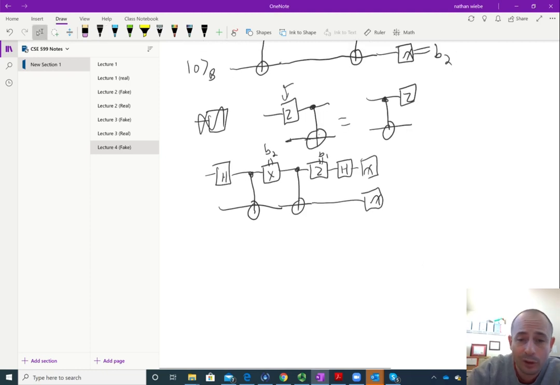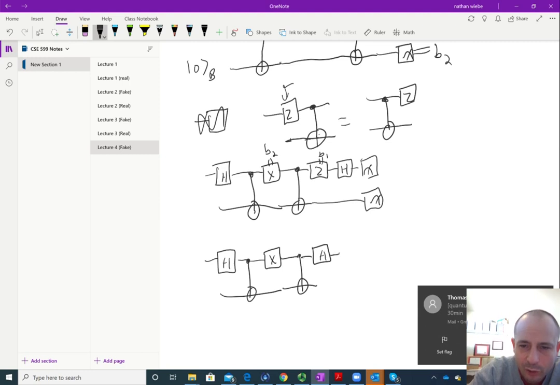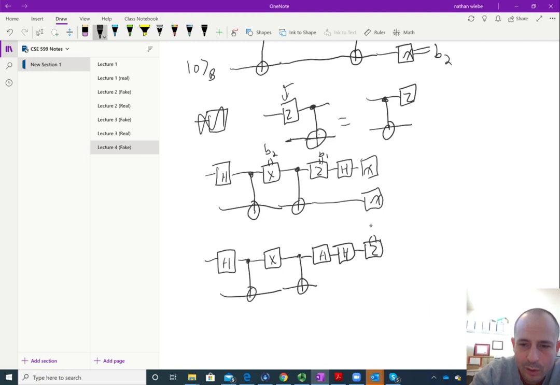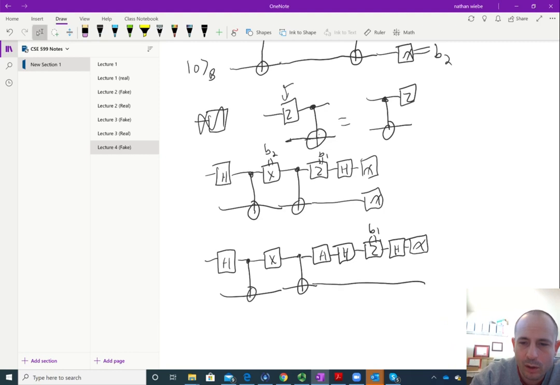Now I'm going to use the following identity: I'm going to insert the value 1 just by applying Hadamard twice here. Oh, and this is classically controlled with value B2.